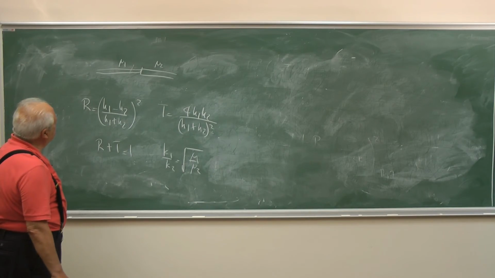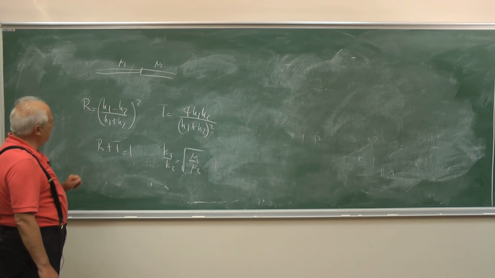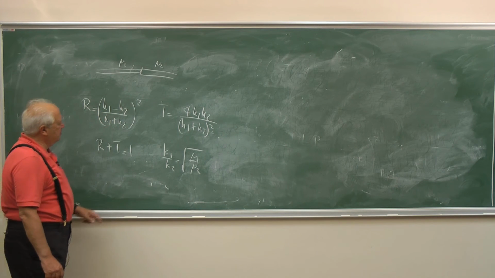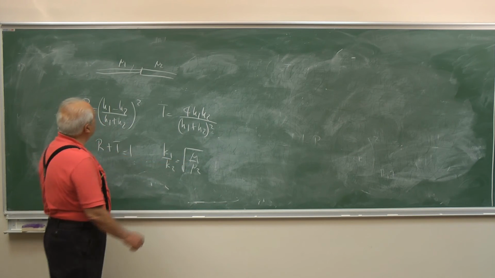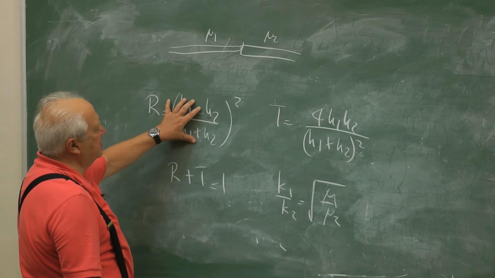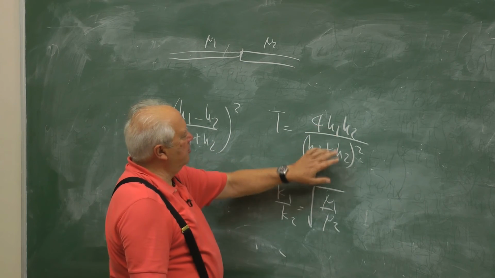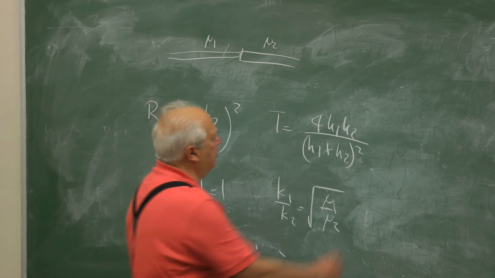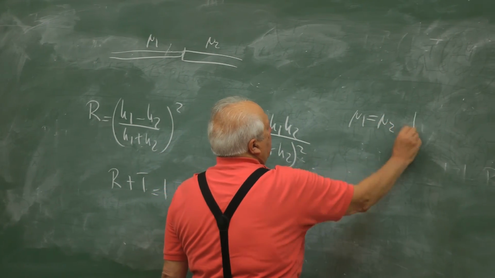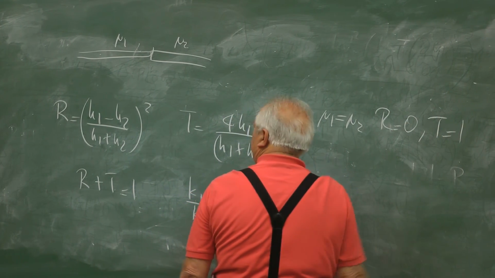Before we pass to the next problem, let me just point something out here. If K1 is equal to K2, which means mu1 equals mu2, then the reflection coefficient is 0. And this is 4k squared over 4k squared, so t equals 1. So if mu1 equals mu2, then r equals 0, t equals 1.